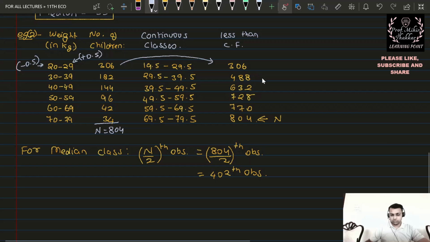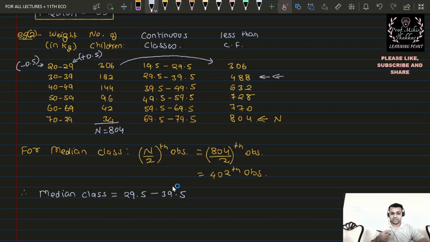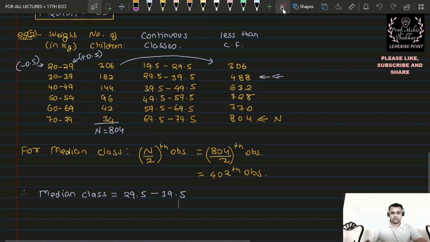So we can observe over here that CF just greater than 402 is 488. So the corresponding continuous class will be taken as the median class. So I will get over here, therefore, median class is 29.5 to 39.5.